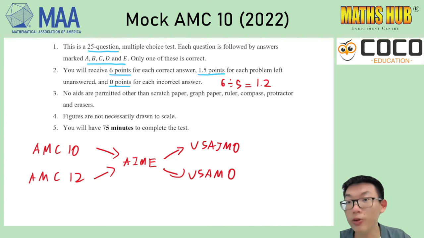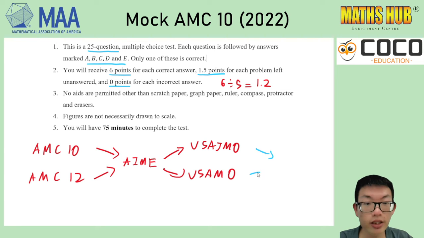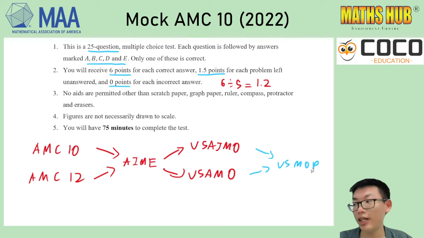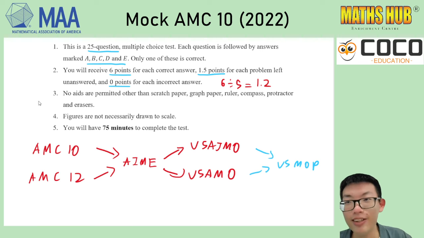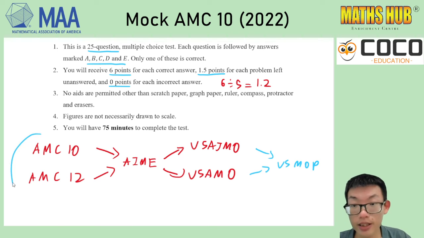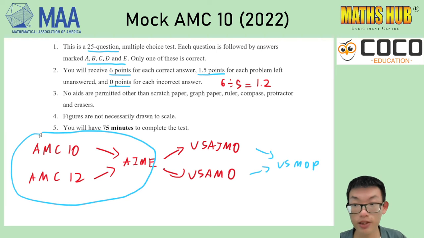And when I say you, if you are American, then of course this entire track leads to the US Math Olympiad program, the IMO training team and preparation teams. If you live outside the US, you are only allowed to take the AMCs and the AIME. So the AIME is kind of the final step that you are allowed to take if you are an international participant.